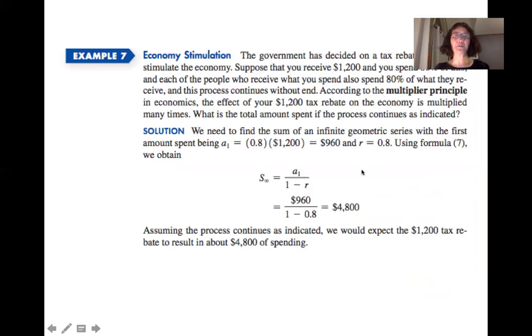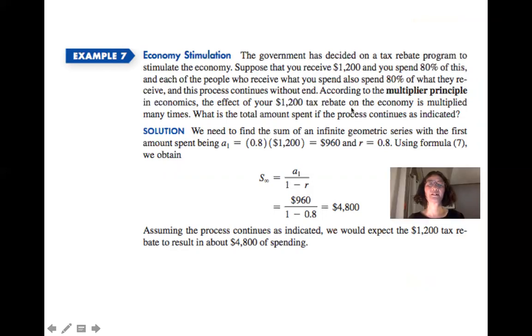The next example. The government has decided on a tax rebate program to stimulate the economy. Suppose that you receive 1,200 and you spend 80% of this, and each person who receives what you spend also spends 80% of what they receive, and this process continues without end.